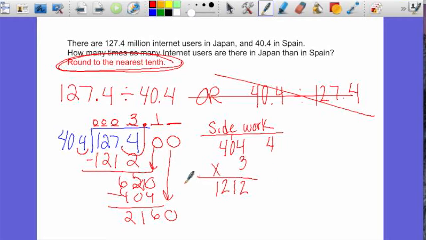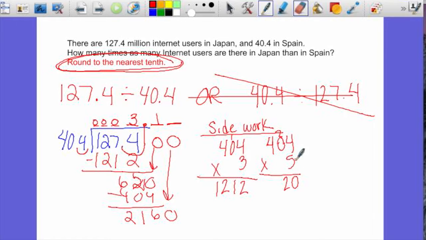So I kind of look at 212, or I need to get to 2,100 something, and I have 1,200. I can fit at least maybe 2 of those in there. So I'm going to try 5 first and see how it goes. Times 5. So 4 times 5 is 20. 5 times 0 is 0.